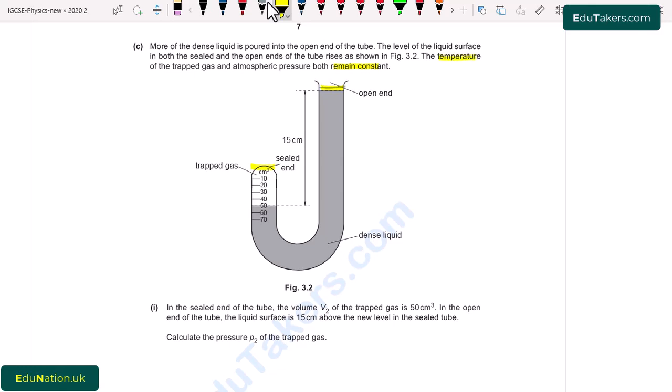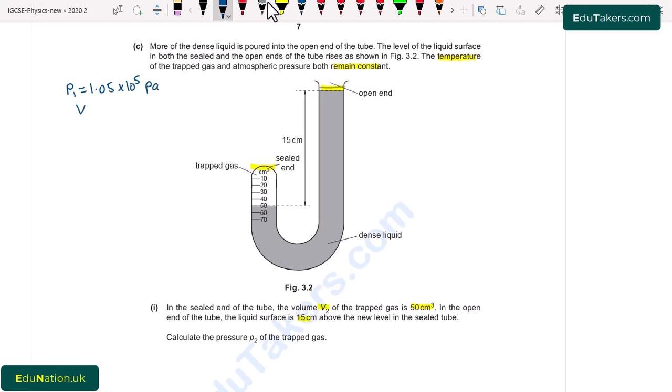Part first. In the sealed end of the tube, the volume V2 of the trapped gas is 50 cubic centimeter. In the open end of the tube, the liquid surface is 15 centimeter above the new level in the sealed tube. Calculate the pressure P2 of the trapped gas. So first of all, we know that before pouring more liquid into this tube, initially the pressure P1 is equal to atmospheric pressure and it is 1.05 into 10 to the power 5 Pascal.